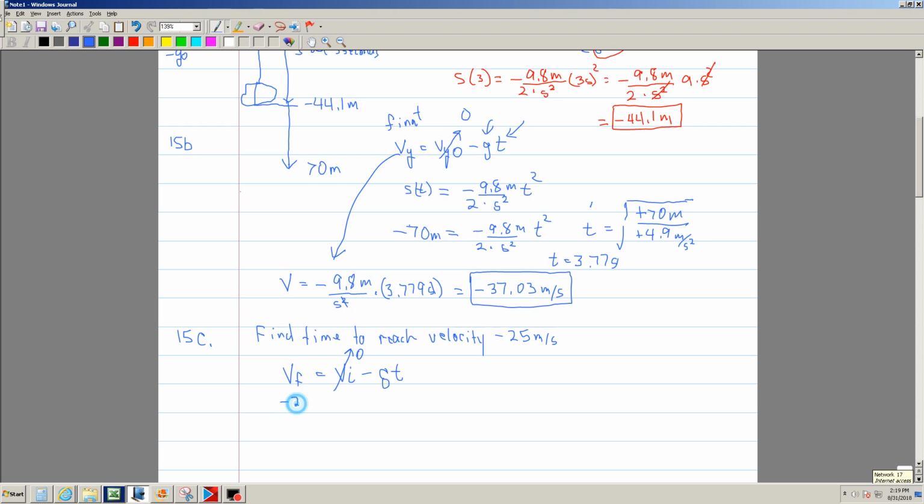So this is negative 25 meters per second because it's the final velocity, equals negative 9.8 meters per second squared times t. So t is going to be negative 25 meters per second divided by negative 9.8 meters per second squared.